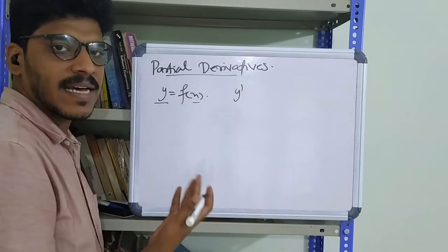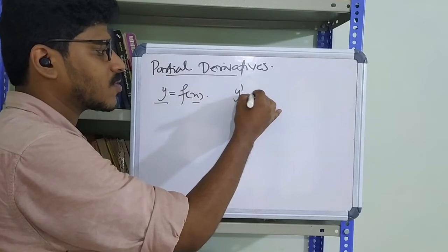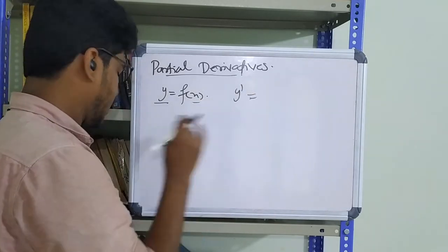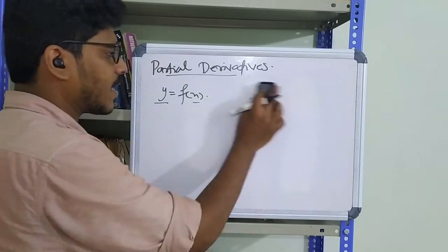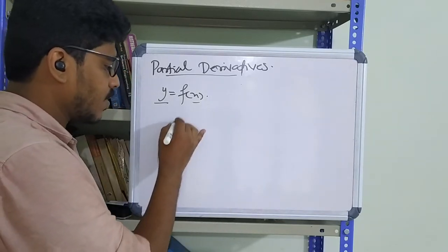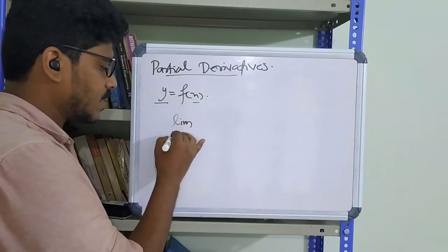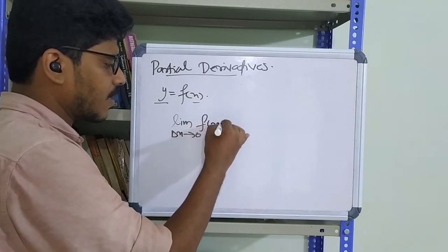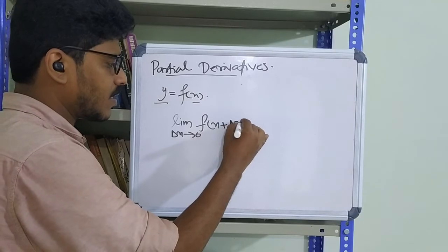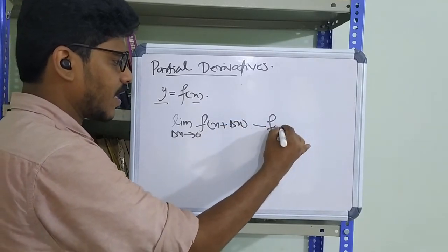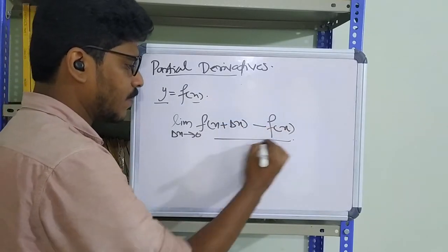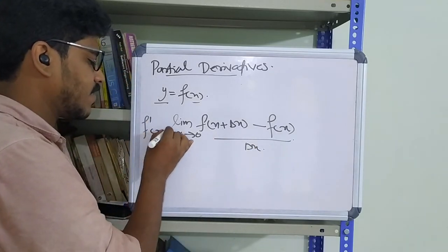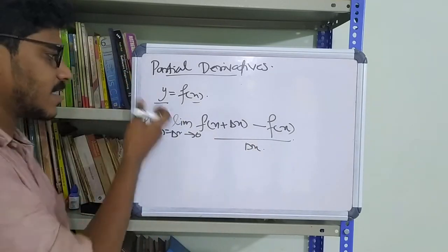How did we explain that, or what was the expression to find the derivative? We had a definition with limits, something like limit delta x goes to 0, f of x plus delta x minus f of x divided by delta x. This was the expression for the first derivative, f dash of x or y dash, whatever.